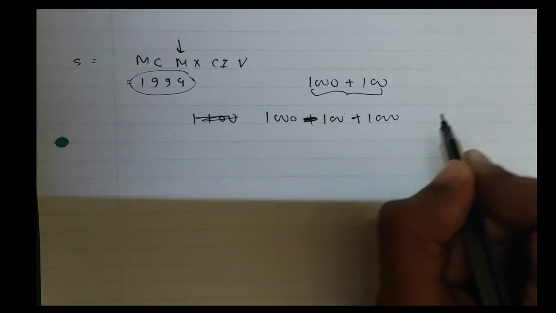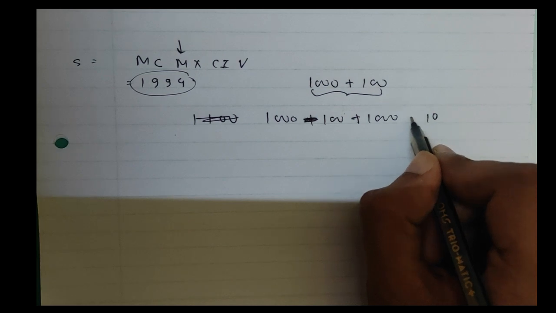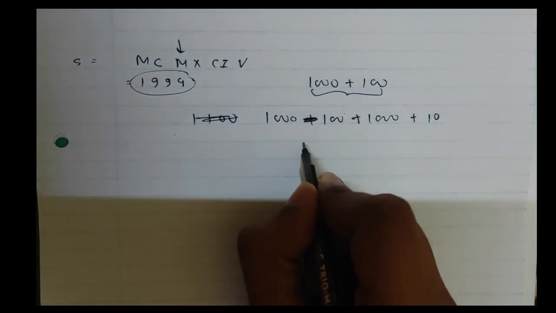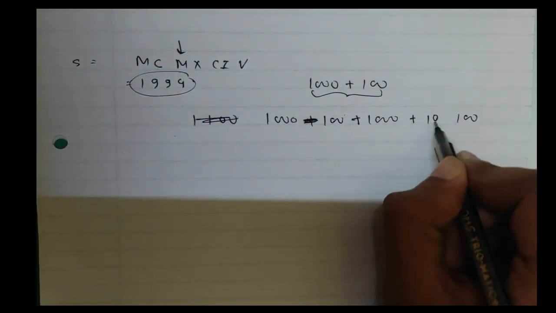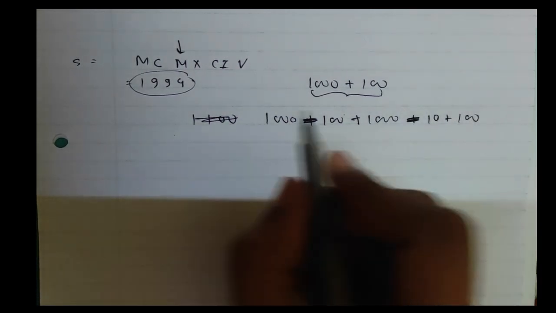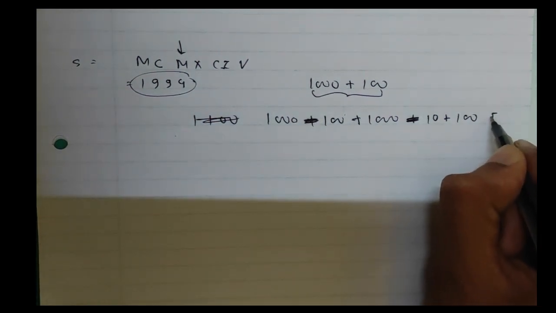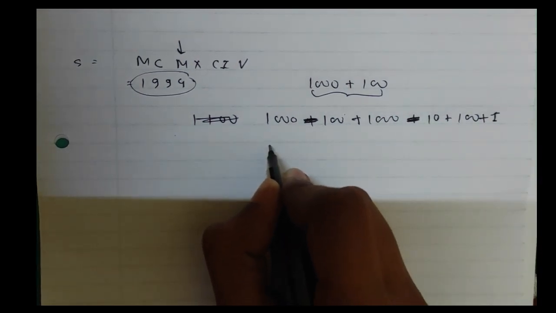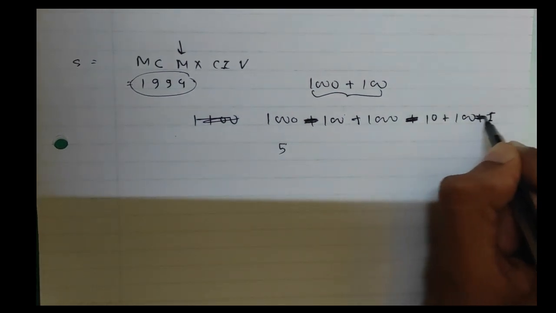Then X. X is 10. It is smaller than this, so it gets added. Then C. C is 100. So 100 is greater than 10, so this will get subtracted. Then I. I means 1. 1 is smaller, so it gets added. Then V. V means 5. But 1 is smaller than 5, so it will get subtracted.